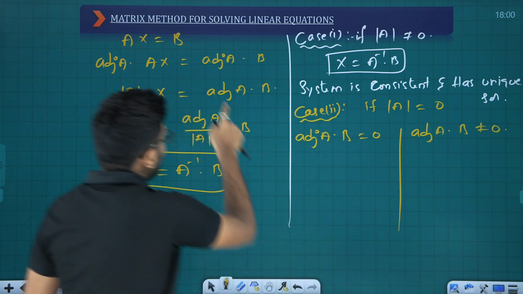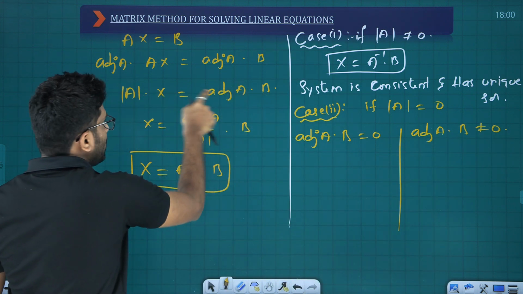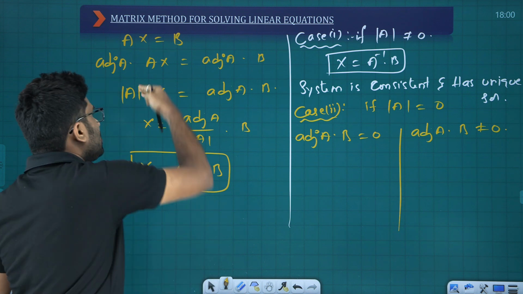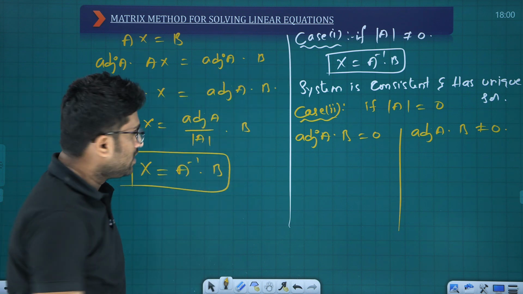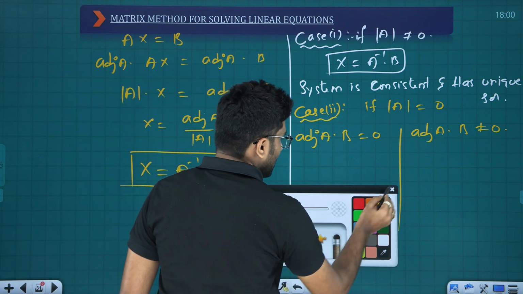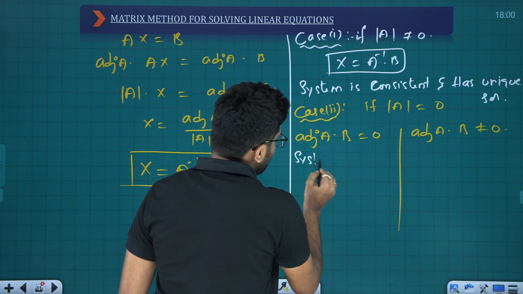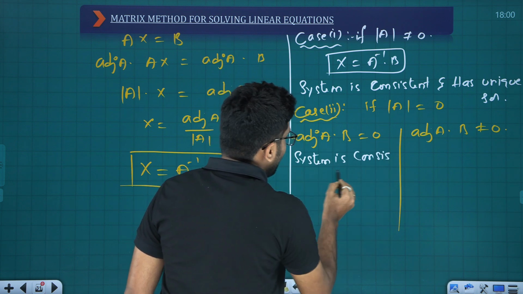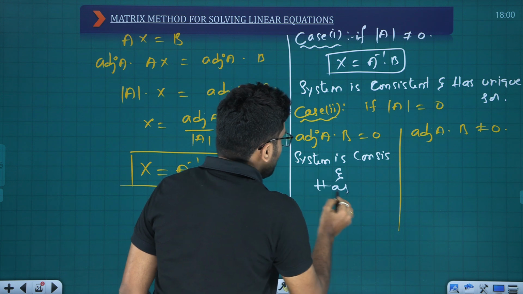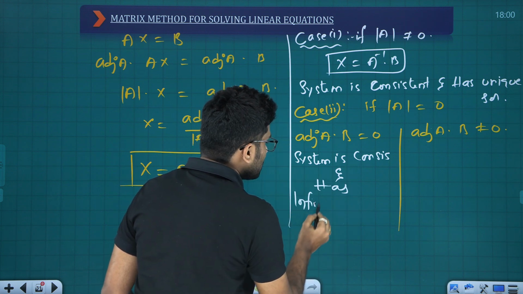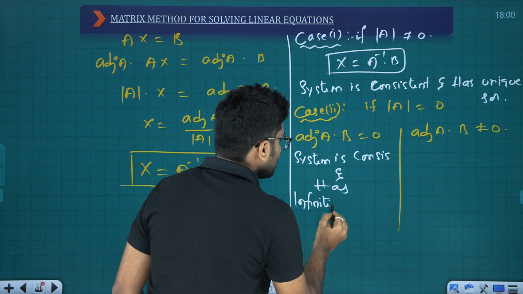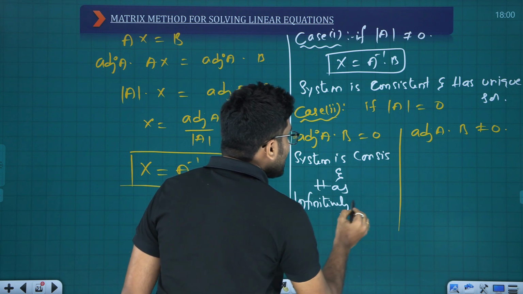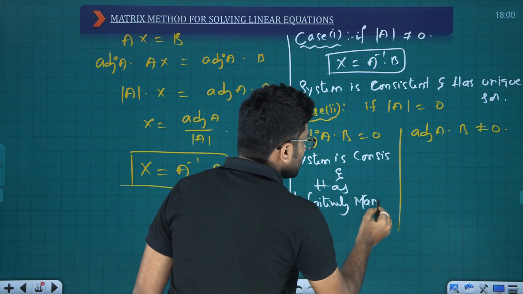If adjoint A into B is 0, then 0 is equal to 0. That means whatever values of x, y, z will satisfy. So in this case we say the system is consistent again and has infinitely many solutions.